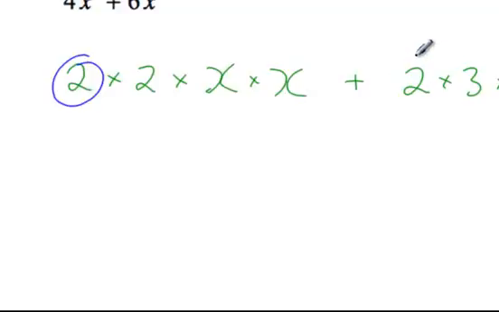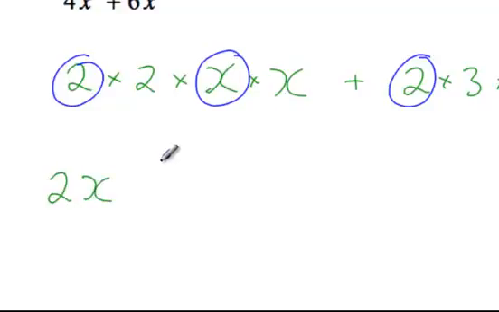There's a 2 in both of them, and they also both share an x. So 2 times x is 2x. So we can factor out 2x from each of these. And what are we left with in the first term? Well, 2x is left. And in the second term, we're left with 3. So 2x times bracket 2x plus 3, close bracket, is the factored version of 4x squared plus 6x.